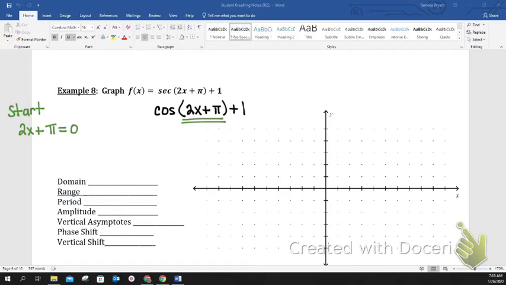I'm going to subtract pi and divide by 2. So I get x equals negative pi over 2. Because it's negative, for phase shift, it's going to go to the left pi over 2, which is the same as 90 degrees.